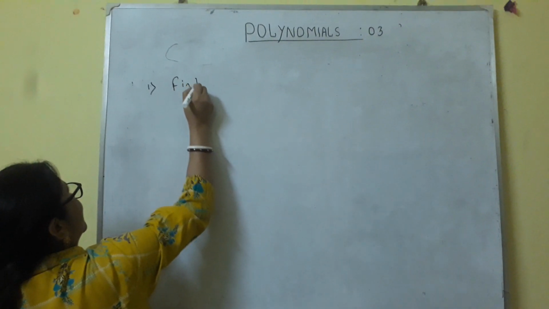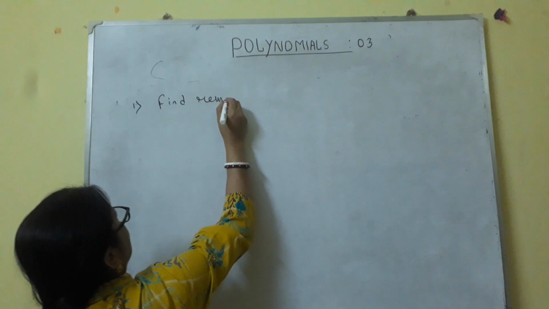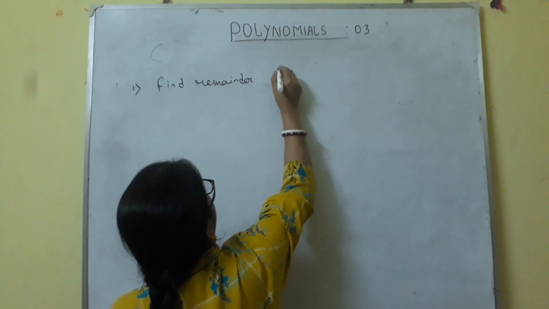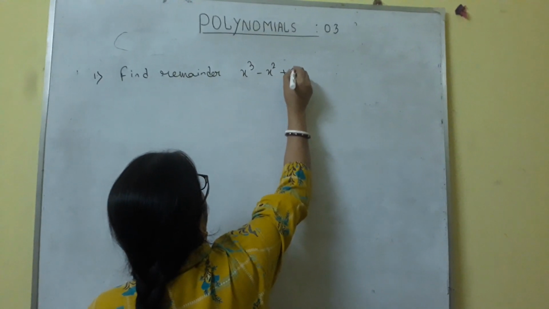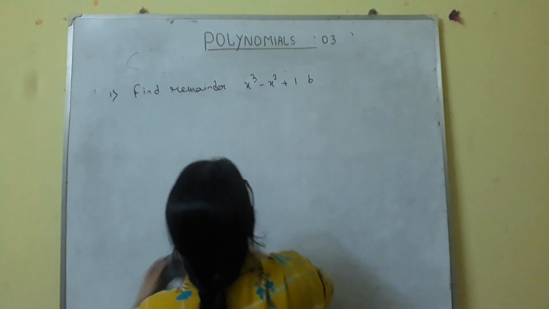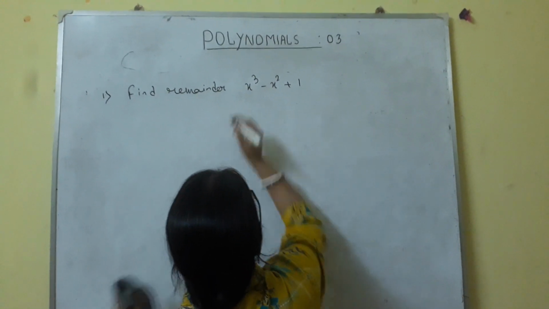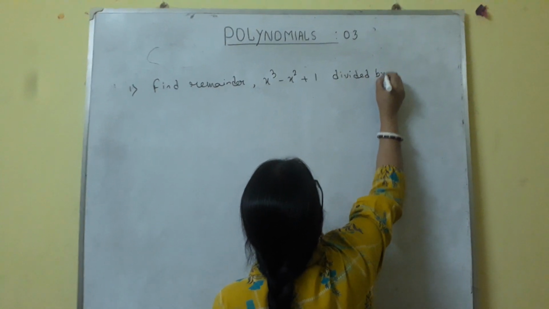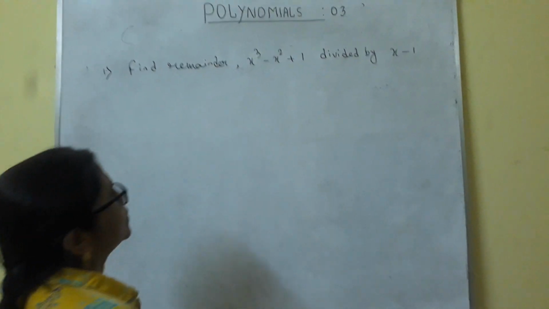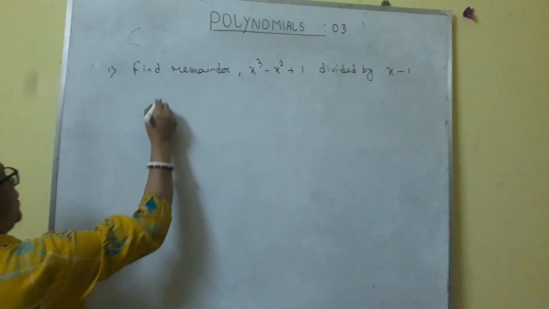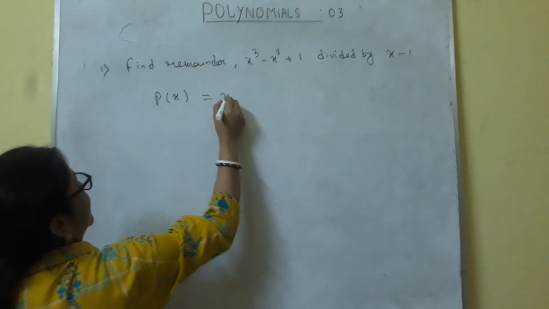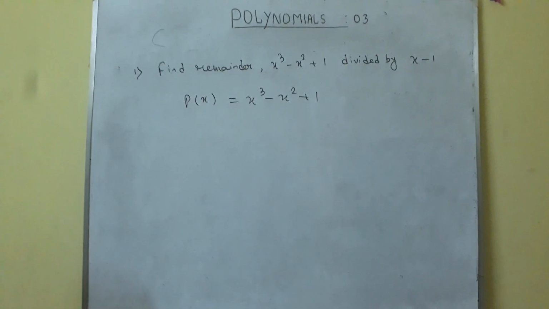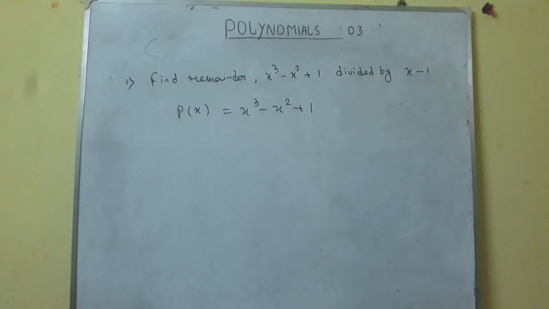Find the remainder when x cube minus x square plus 1 is divided by x minus 1. Now here p(x) is x cube minus x square plus 1, and we are dividing it by x minus 1.